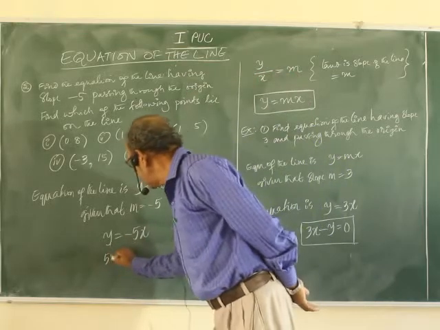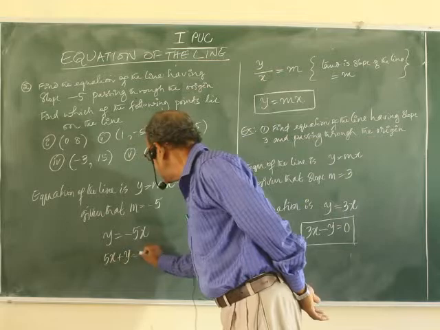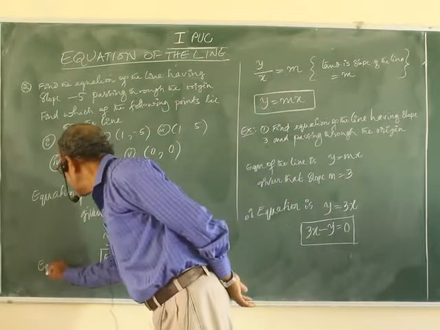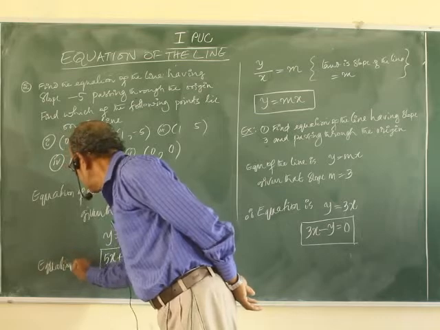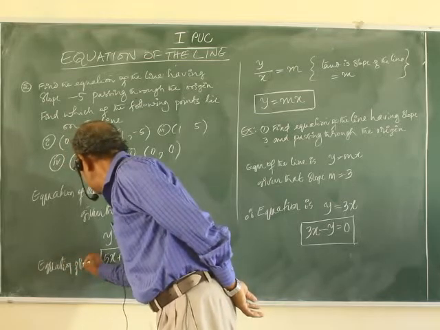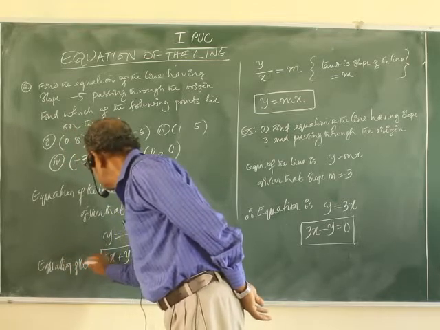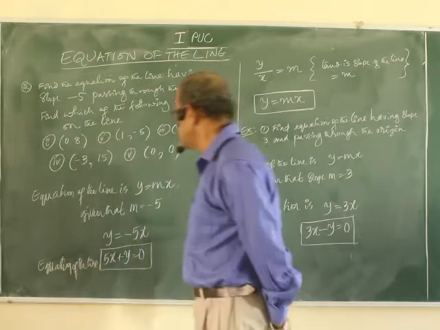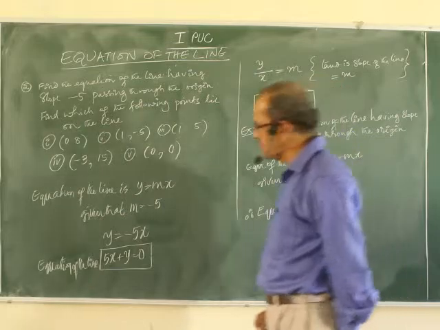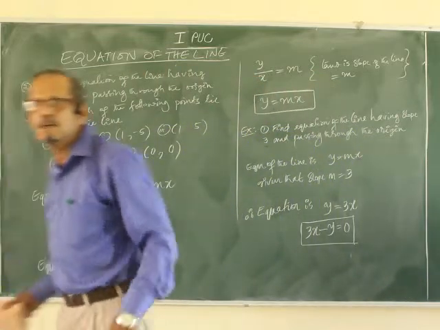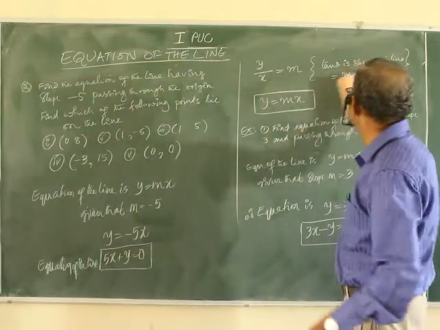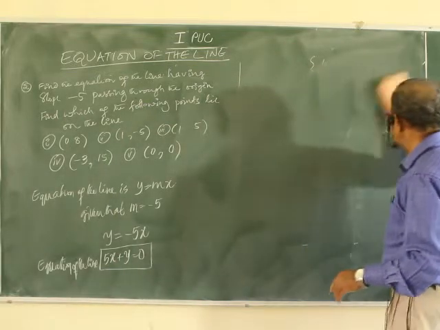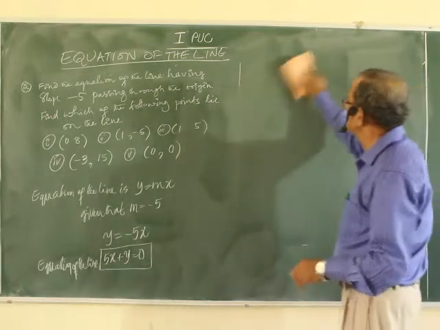Or bring all the terms to the same side, it is the usual way to write the equation. Equation of the line is 5x plus y equal to 0. Now, this one is just similar to the previous one.